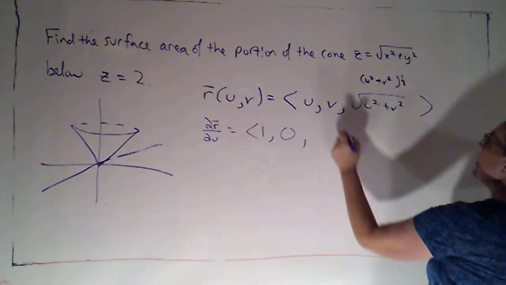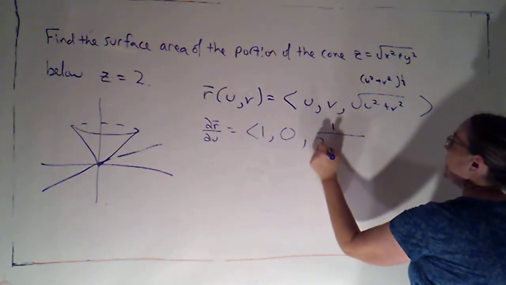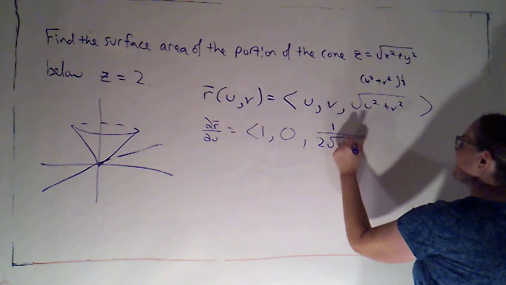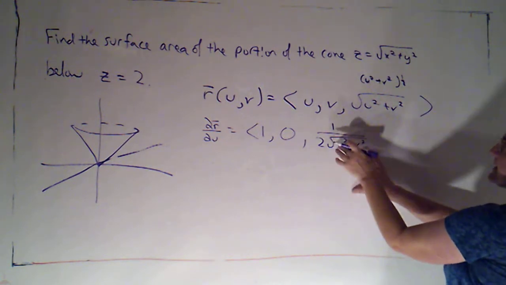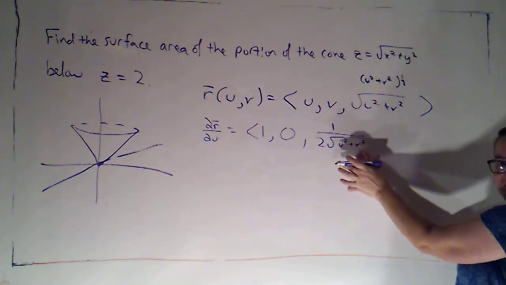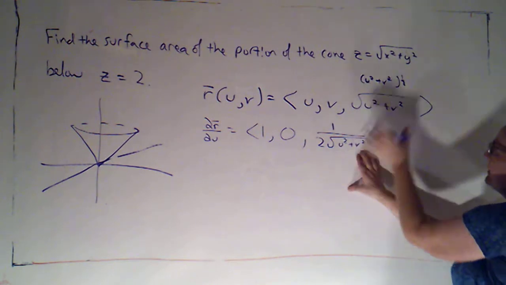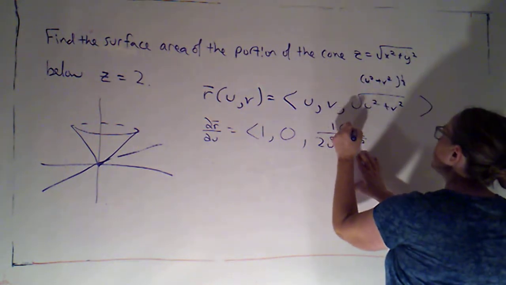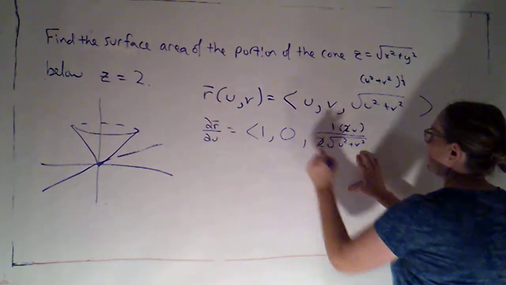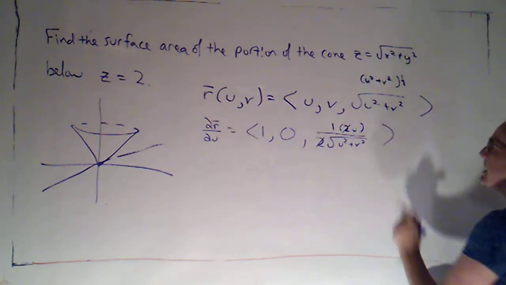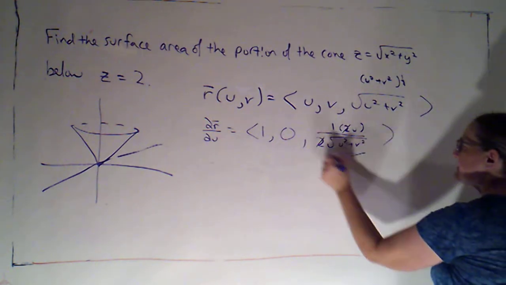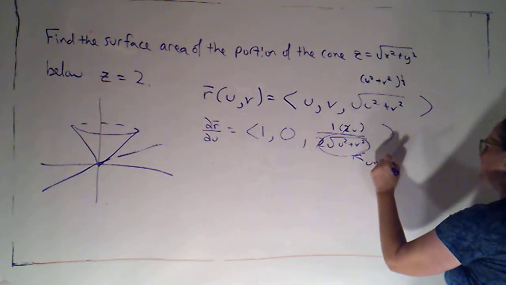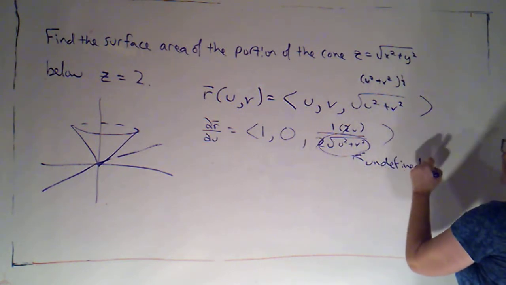So I'd get 1 over 2 root u squared plus v squared. That's 1/2 u squared plus v squared to the negative 1/2. Chain rule times a 2u. I can cancel the 2's. Okay. Now the problem is that's going to be undefined at the origin.